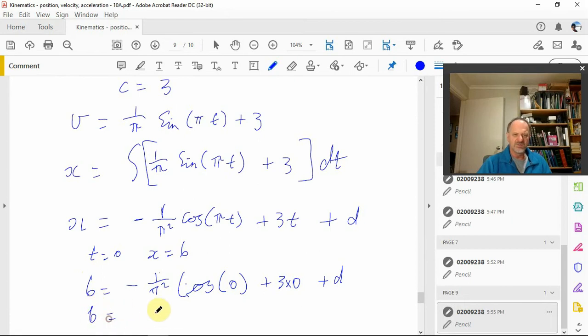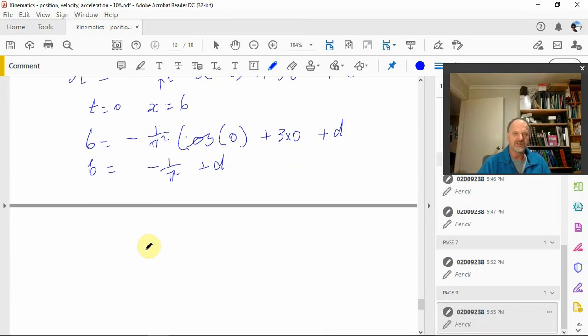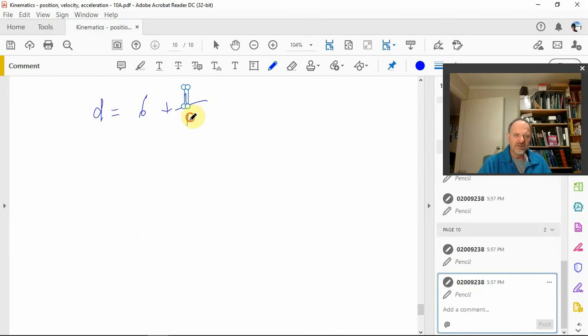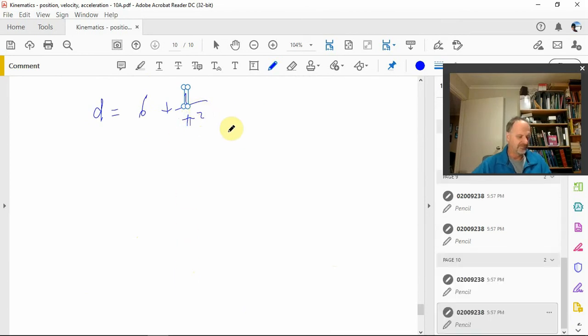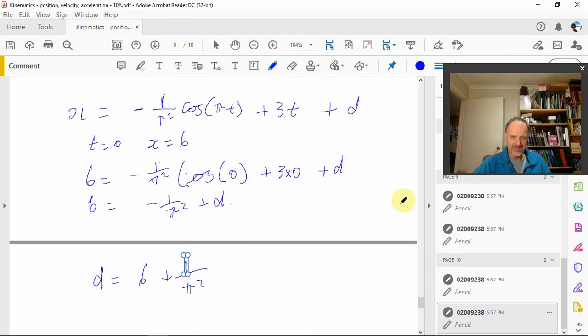So 6 equals, cos of 0 is 1, so negative 1 on pi squared plus d. And so d, I've gone into the next page. So d then would be equal to 6 plus, forgot my squared, 1 on pi squared.